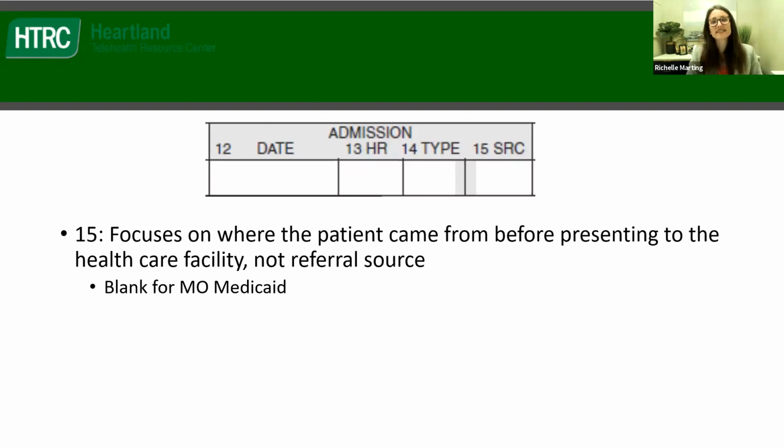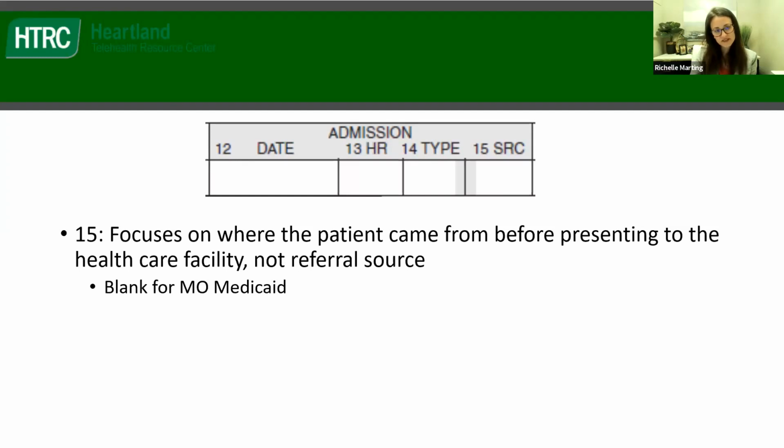Okay, so then we get into some information on the encounter type or the admission type. And here's where we start to get into some, I guess, data dictionaries on indicators that go in the fields on the claim. So we've got another date field here that can be for the date of admission or date of encounter, and it can be 6-digit or 8-digit format.